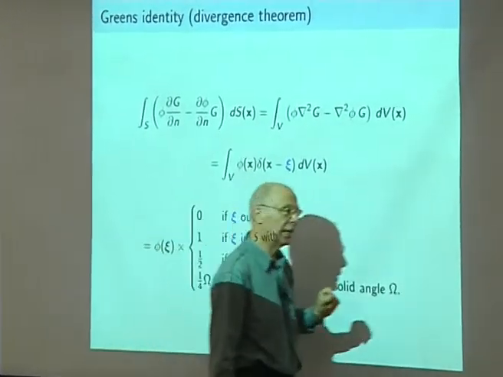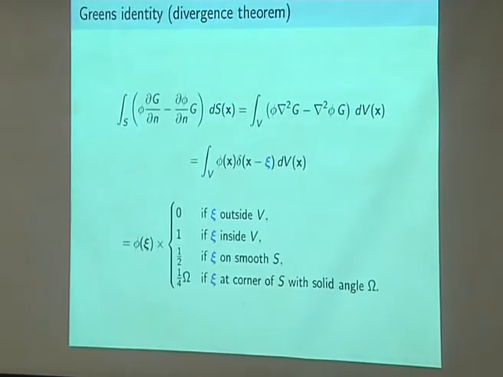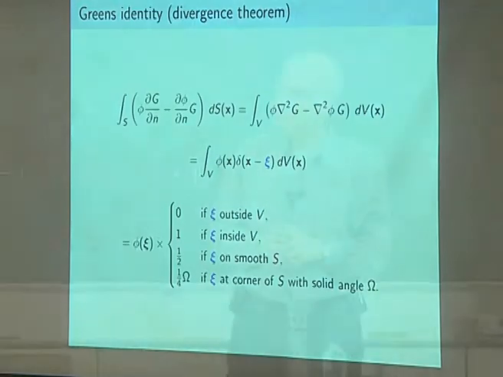The interesting case is in between. If the point is on the surface, and we're going to work on the surface, then we get the average of 0 and 1, as long as the surface is smooth, is locally flat.